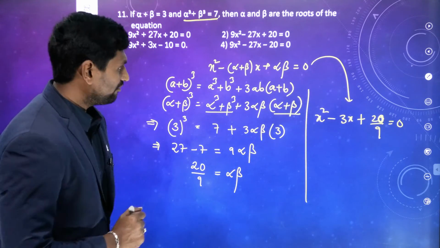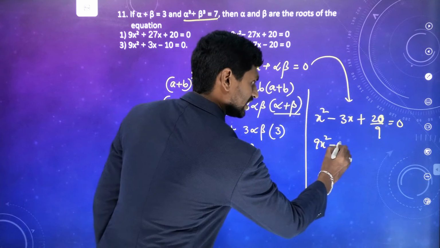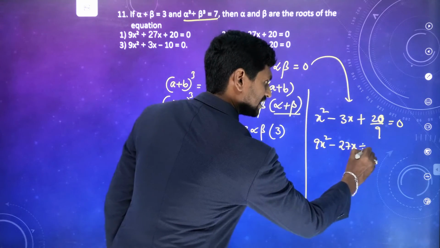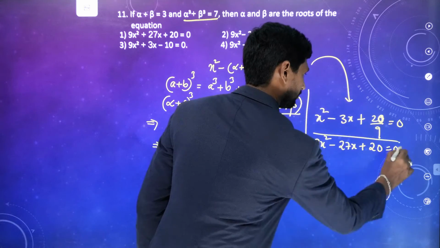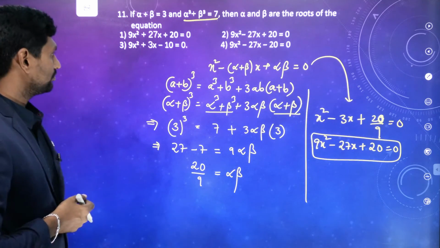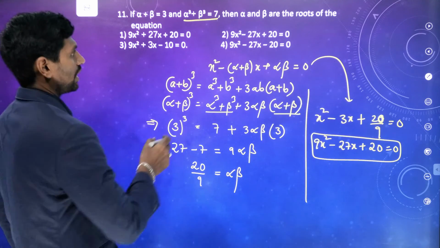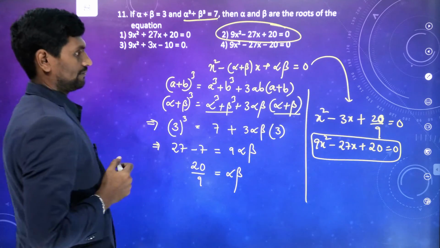Multiply every term with 9. So it will be 9x square minus 27x, here 9 and denominator 9 cancel, plus 20 equal to 0. So 9x square minus 27x plus 20 equals 0. So our option is the second one.